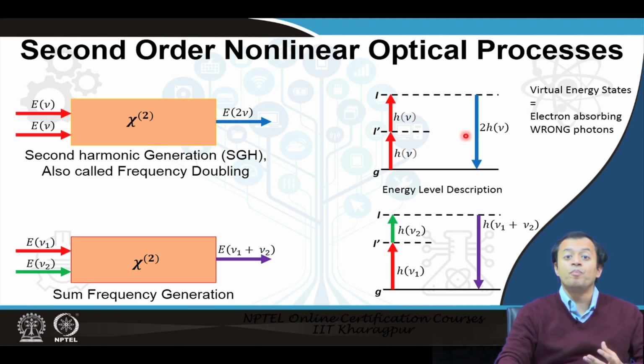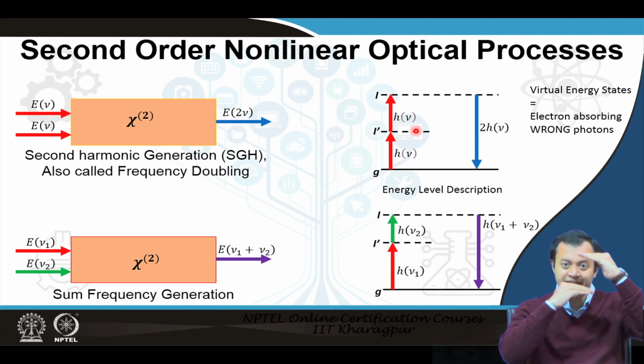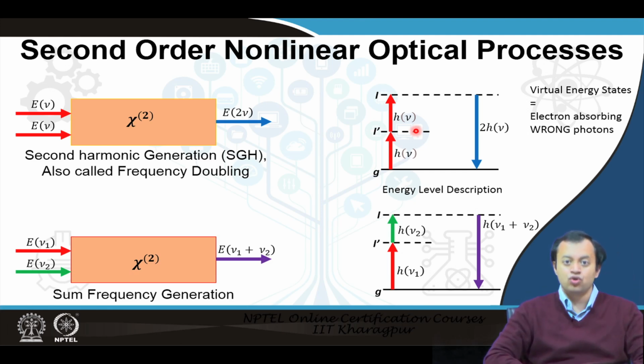I call them the op-amps, the operational amplifiers of optics, where one photon goes towards a virtual energy state, the other photon goes to another level. This energy level should not exist. There should not be any energy level between two existing real energy states. It should not, because if it comes, it violates Heisenberg's uncertainty principle.